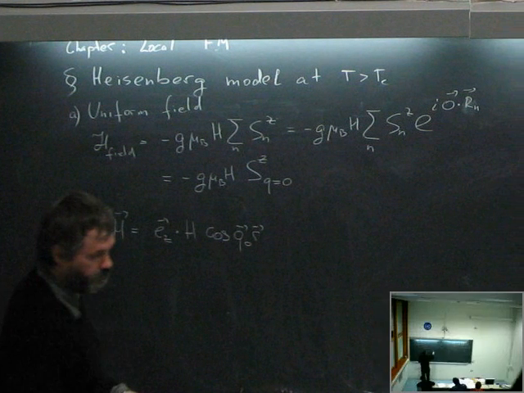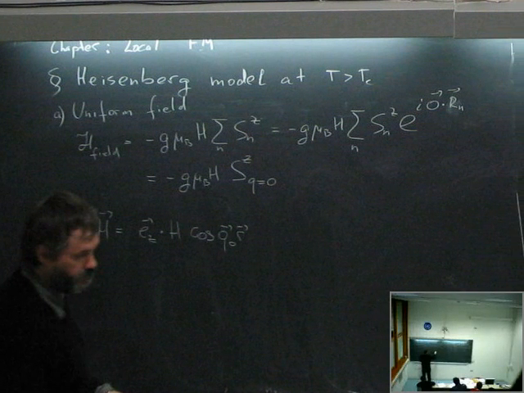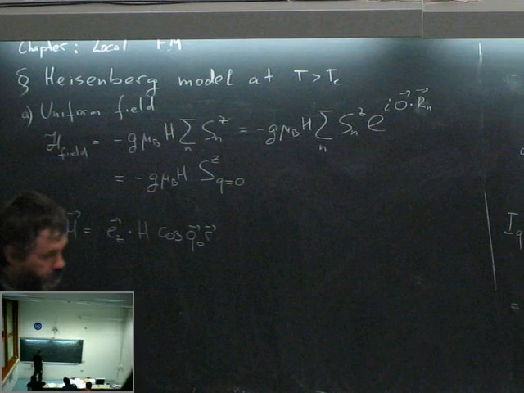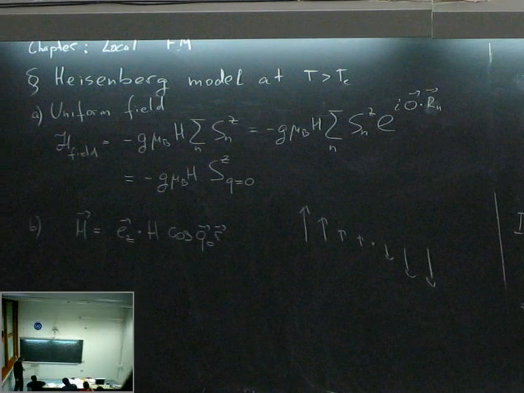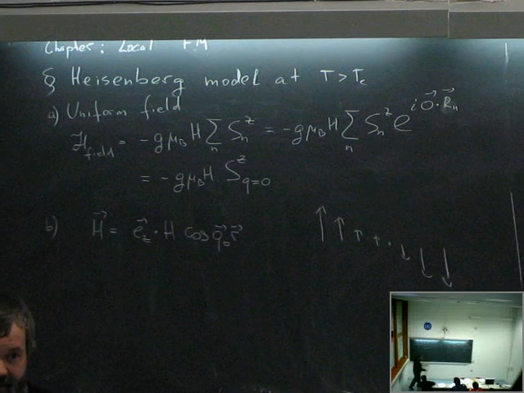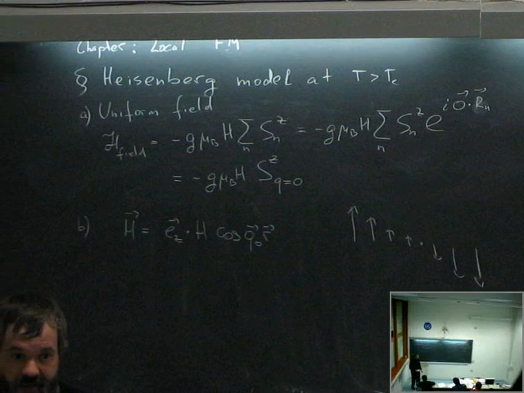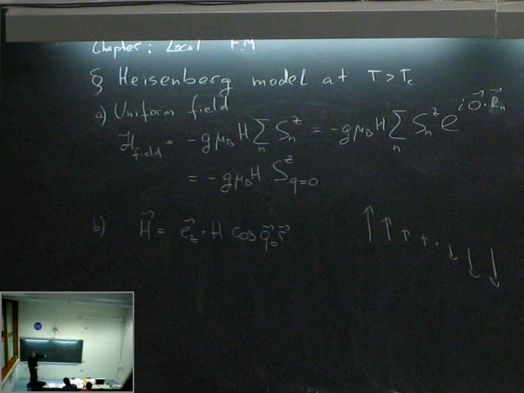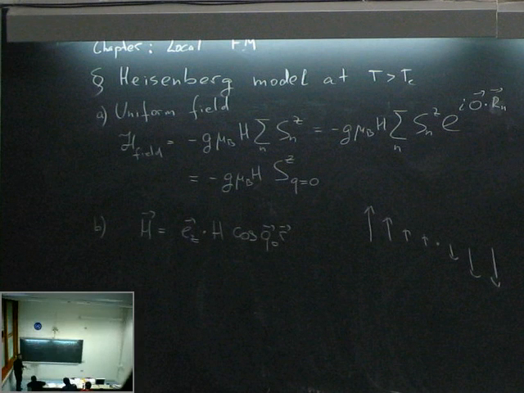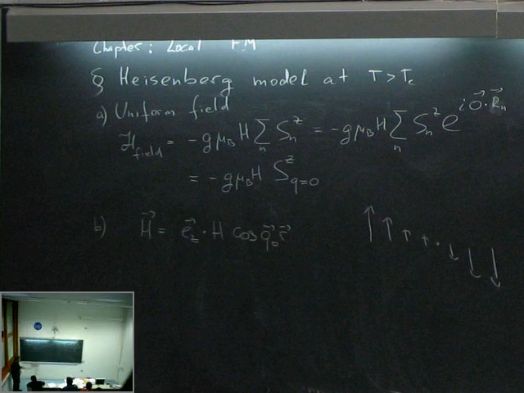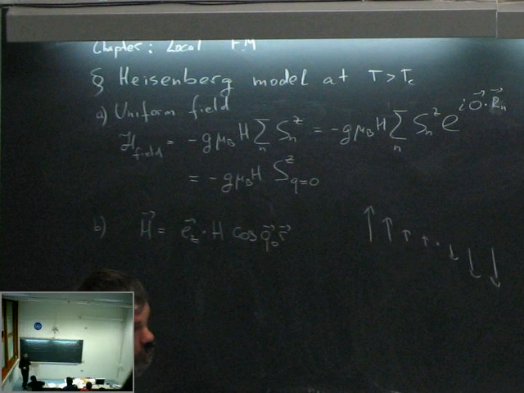That the field changes in space in such a way that it goes through zero value, taking positive and negative values. And I'm going to study the response to that field where Q_0 is fixed. In particular, if Q_0 is equal to 0, we have a uniform field. This is a generalization of the field in order to calculate response functions.